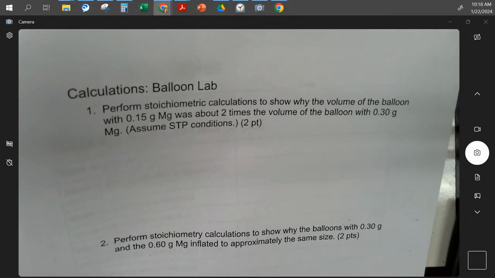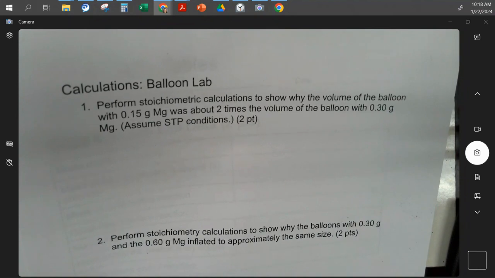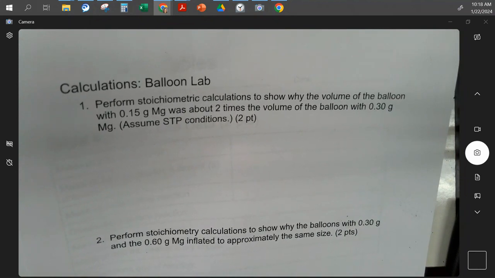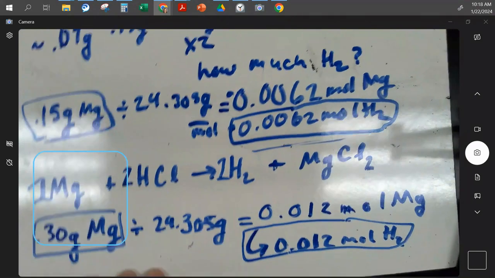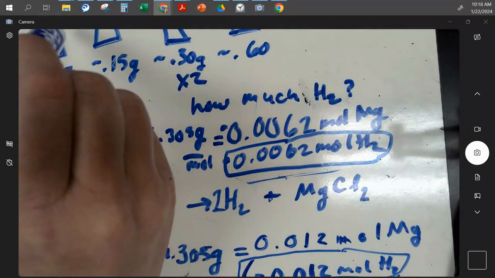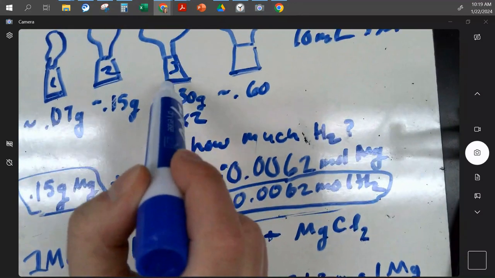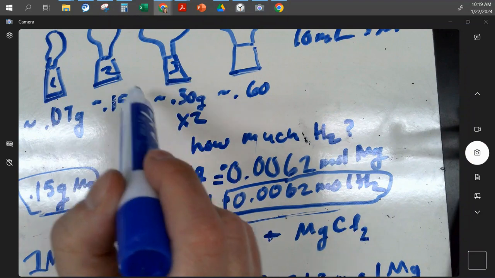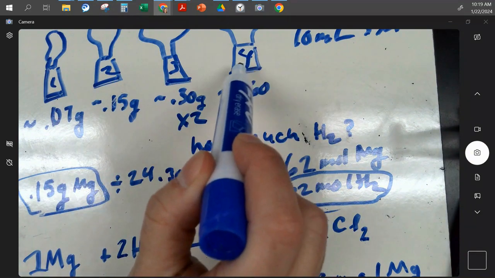So the first part, you should have seen, this is like 1, 2, 3. From 2 to 3, this should have doubled. From 3 to 4, did it double?